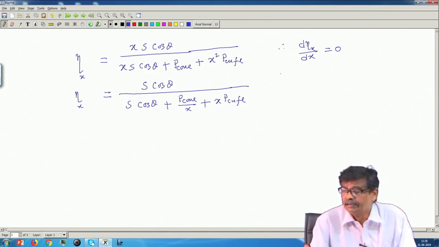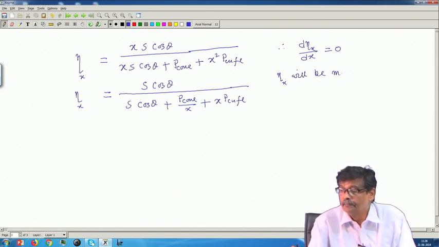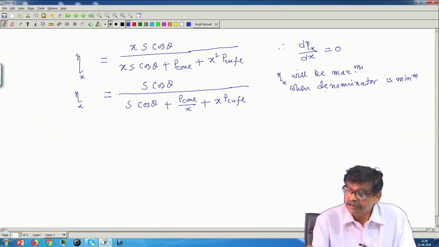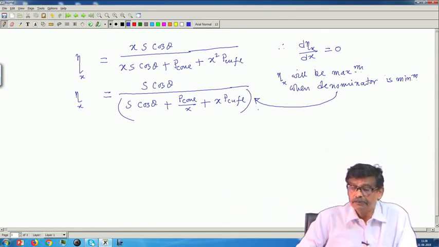Then I will say eta x will be maximum when denominator is minimum. Denominator means this factor, this is my denominator now, is not, when this fellow is minimum.